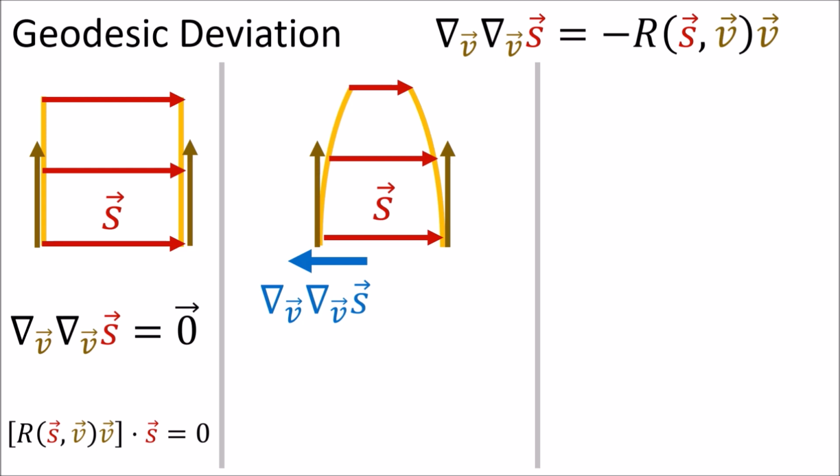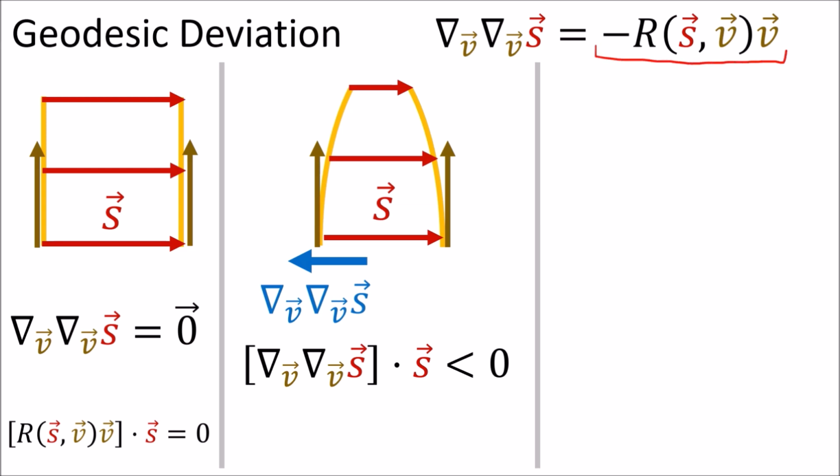So because the s vector and the geodesic deviation vector point in opposite directions, that means that their dot product will be negative. And since the geodesic deviation vector is equal to the negative of this Riemann tensor here, that means that the dot product of the Riemann term and the s vector is positive. And again, this is when geodesics accelerate toward each other.